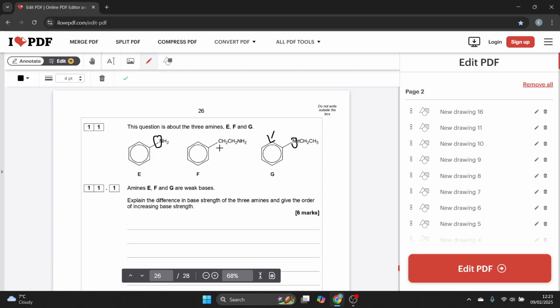But with F, it's not attached to the benzene ring. It's attached to CH3, CH2, which is attached to the benzene ring. So F is definitely going to have the highest. And with G, I've also got two alcohol groups attached to it, so that's going to be second and E is going to be third.